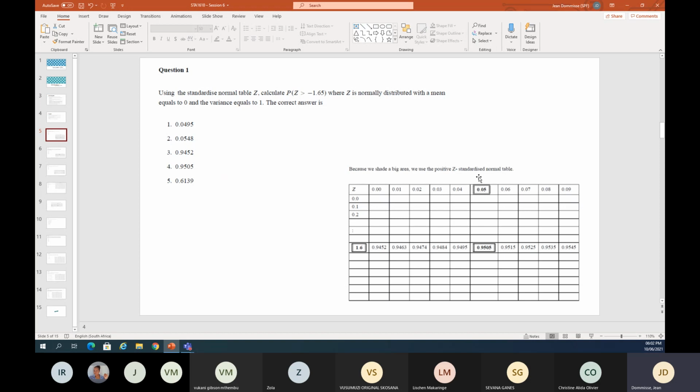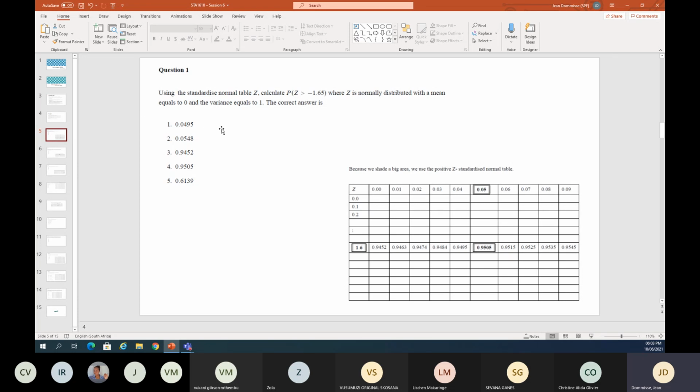I've already copied in the table that we will use, but I will also try to show you how you look for something like that and how you work with it. But first, we need to work out the question.